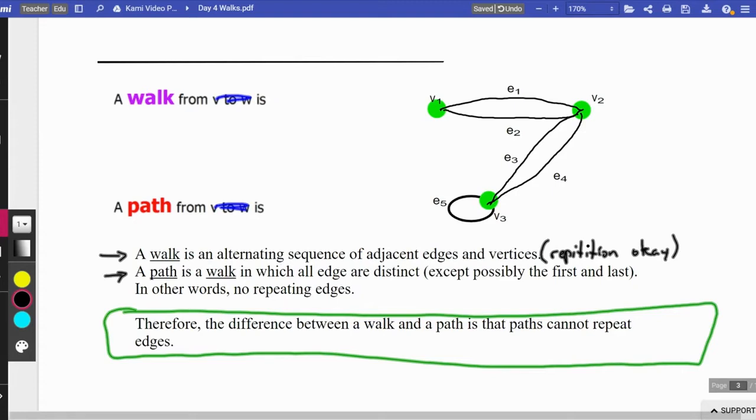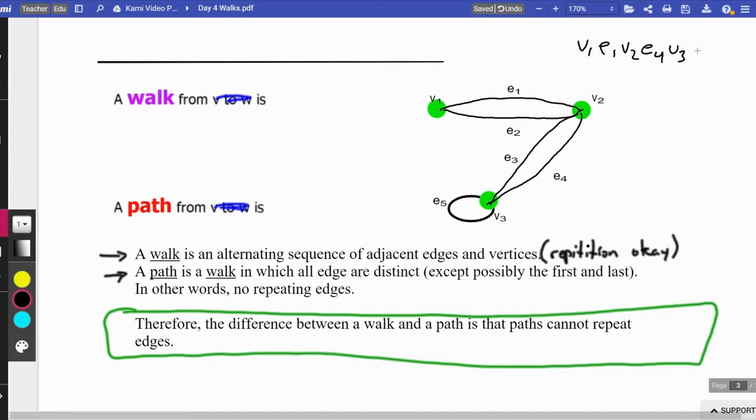So, let's say we started at V1. We could start anywhere, but let's say a walk would be V1. So we started at V1, we did edge 1, now we're at V2. Then maybe we went to V3 via edge 4.